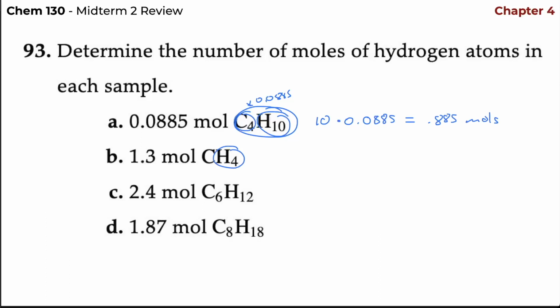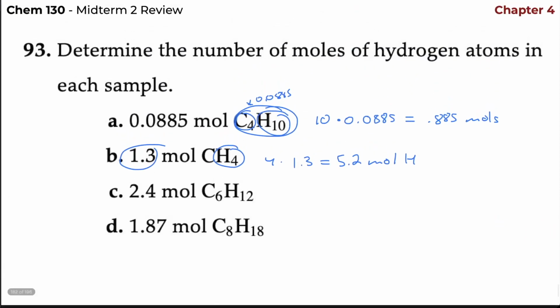There's 4, so 4 times 1.3 is equal to 5.2 moles of H. And there's 12 of these times 2.4, which is equal to 29 moles of H. This one has 18 times 1.87, which is equal to 33.7 moles of hydrogen. Just straightforward.